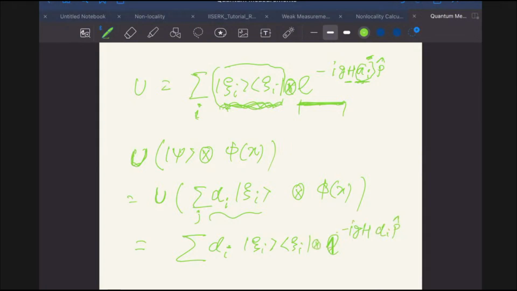So let us write a tensor product also. And so phi x will be here. Okay, so one j won't be here. So only one j, because this j and this j actually is becoming one. So one j will be there, right? So see, this is a state, this is the operator.